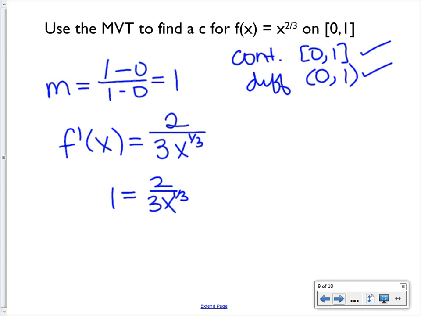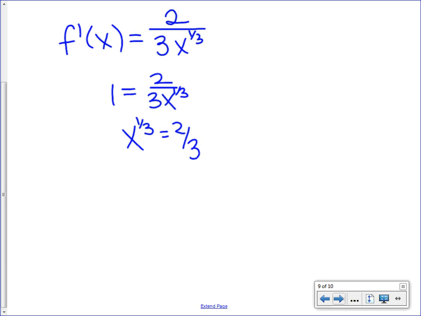So can I just multiply by x to the 1/3? Cube both sides. 8/27. Does that belong in our interval? Yeah.